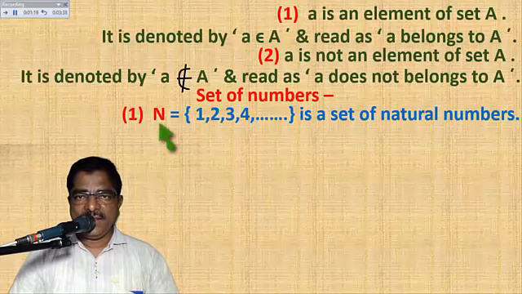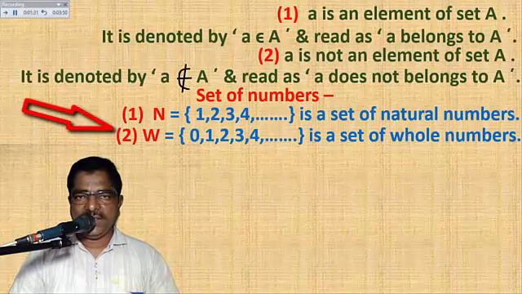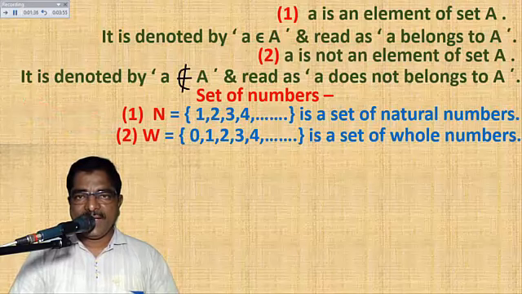Capital N indicates natural numbers. Second, W is equal to 0, 1, 2, 3 and up to infinity, and that collection is the set of whole numbers.